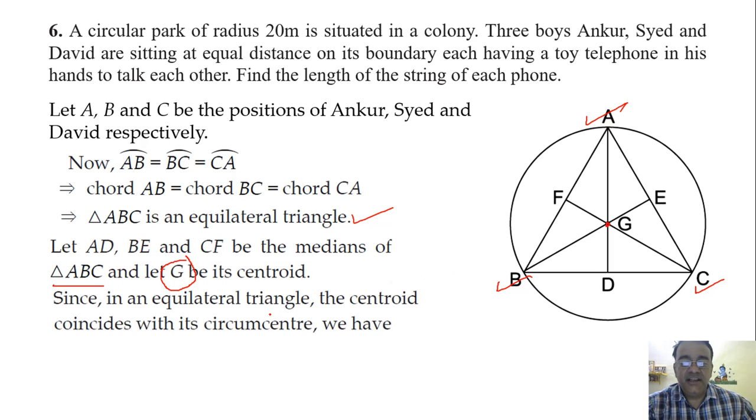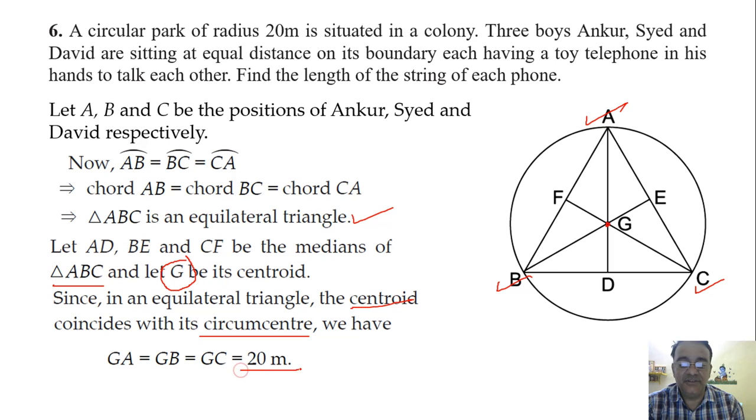Now since in equilateral triangle the centroid coincides with the circumcenter, so we have GA is equals to GB is equals to GC is equals to 20 meter radius. Already it is given 20 meter, right?